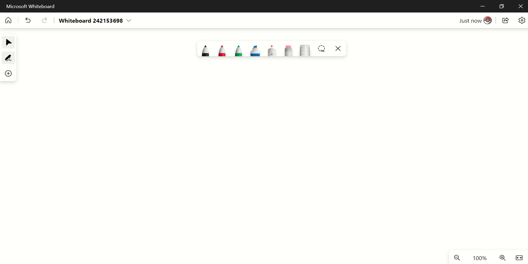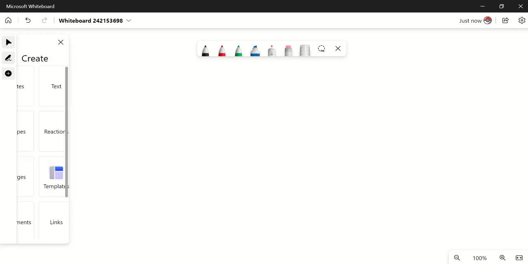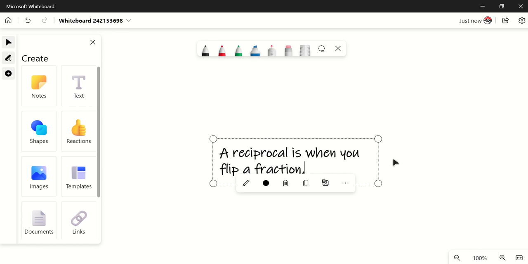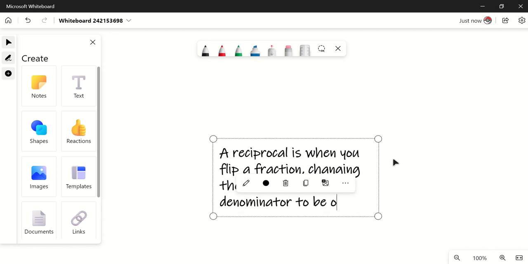I know that the textbook has its own definition of reciprocal, but a reciprocal is when you flip a fraction, changing the numerator and denominator to be opposite.